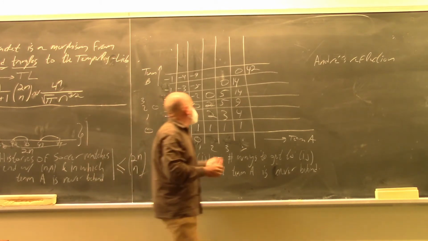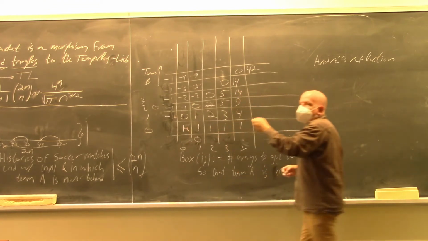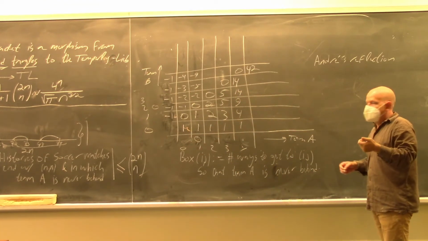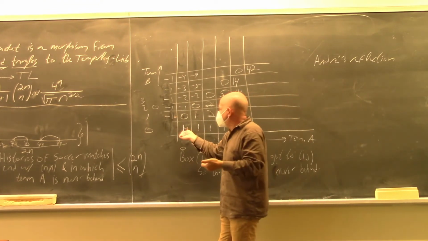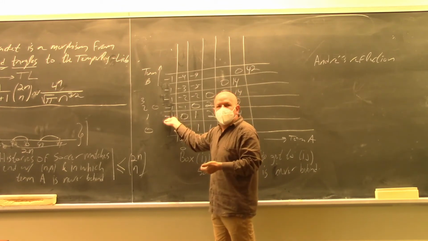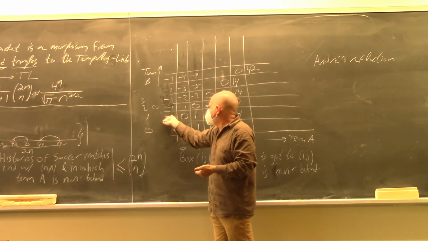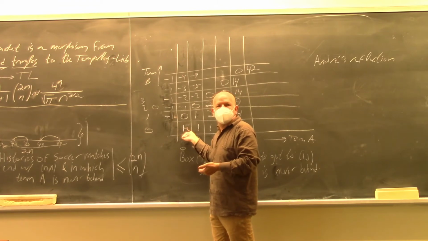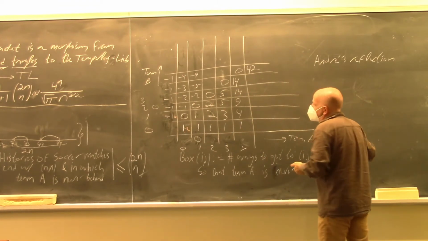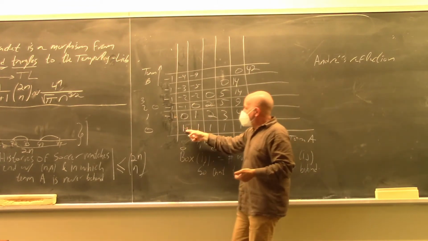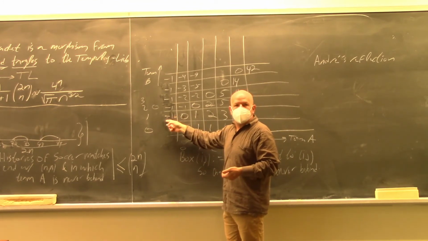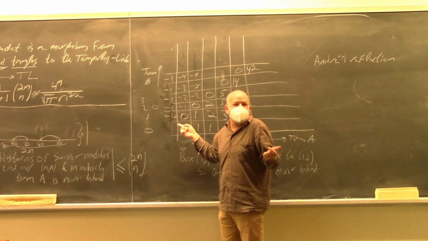So overall, this whole table is the sum of two tables: the table in which you put 1 and 0, and the table in which you put -1 and 0. The table in which you put 1 and 0 is just the Pascal triangle.